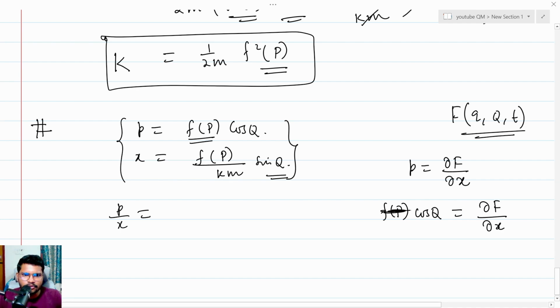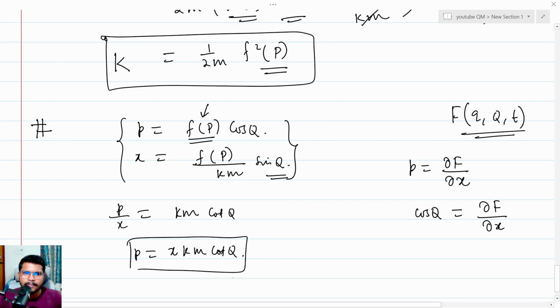Therefore, I cannot just write an unknown function over here, because I have to determine what would be the f of P. I can divide P by X. It will become km cos Q by sin Q. It becomes cot Q. Therefore, P would be X km cot Q, right? There is no problem.